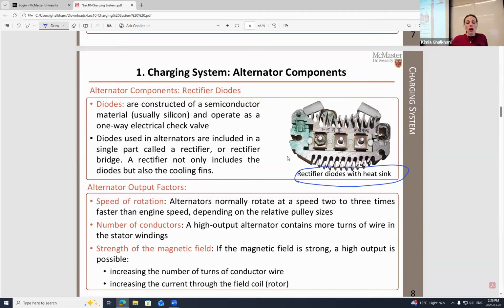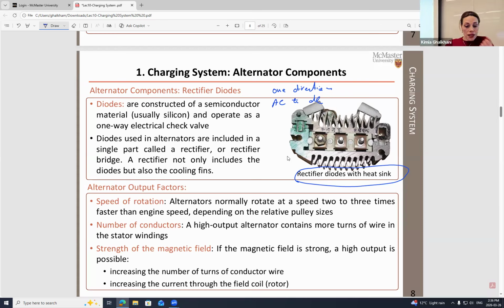And this is going to allow electrical current to flow in only one direction, right? So we usually use it to handle the higher current flow inside the system, because this is going to change the alternating current into direct current. So it's going to convert the AC to DC. That's why we say it is going to flow only in one direction.